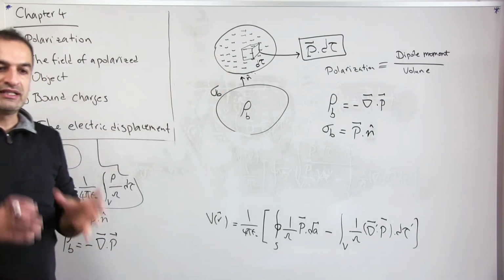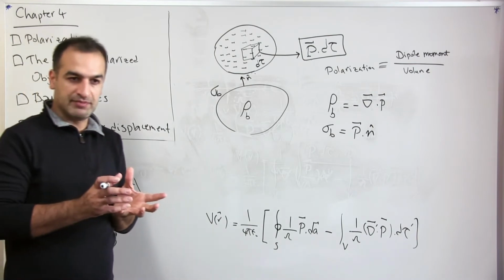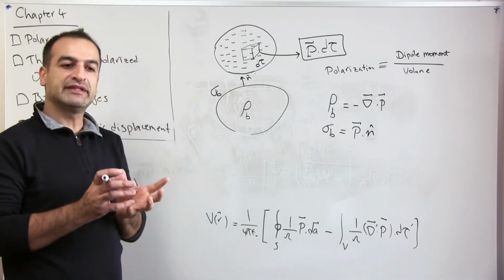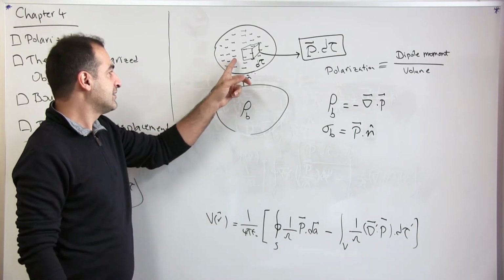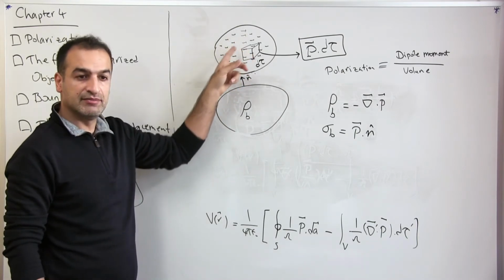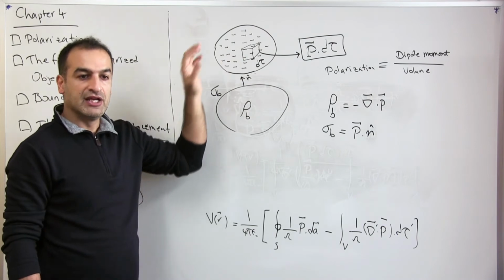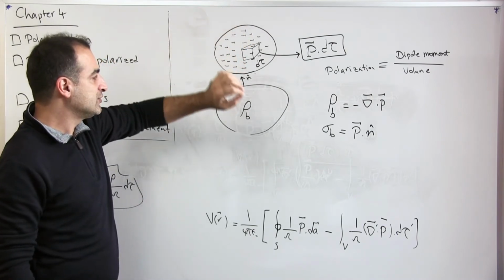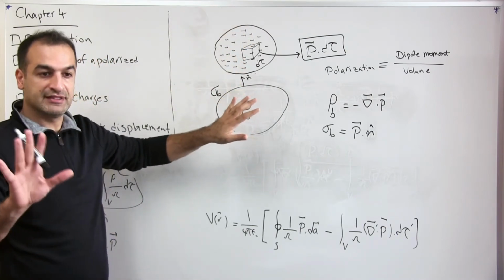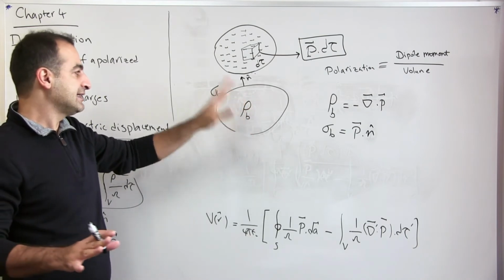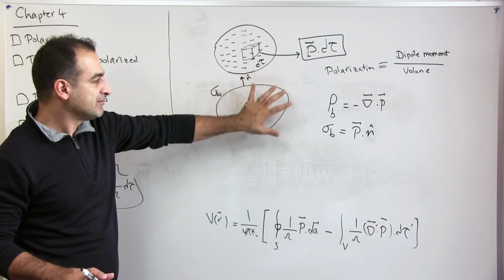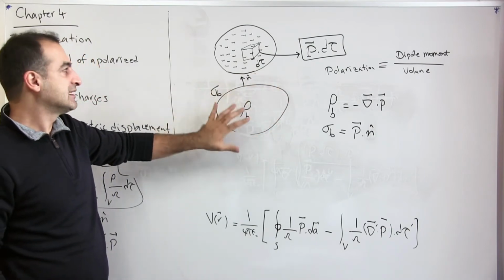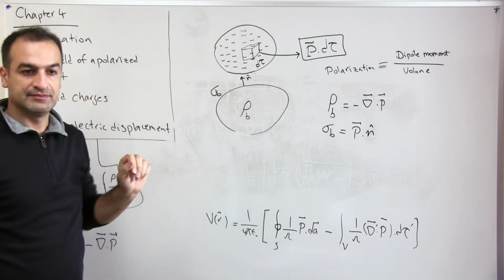So that means if you have a polarized object, in order to calculate the electric field, you don't need to go through the hassle of calculating potential created by all these little dipoles. You can make the assumption that you have something physically different, but carries some volume charge and surface charge. The potential created by the second one eventually is going to be exactly that of the first one.